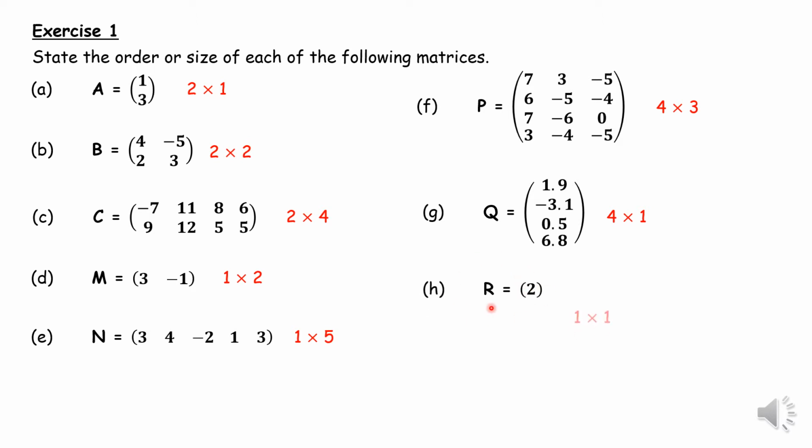This one here is just a 1 by 1 matrix. 1 row, 1 column. 1 by 1 and 2 by 2 are also referred to as square matrices. The last one, you have 2 rows and 1 column. Remember, that's just 2018, and the one here is 4132. So it's a 2 by 1 matrix.